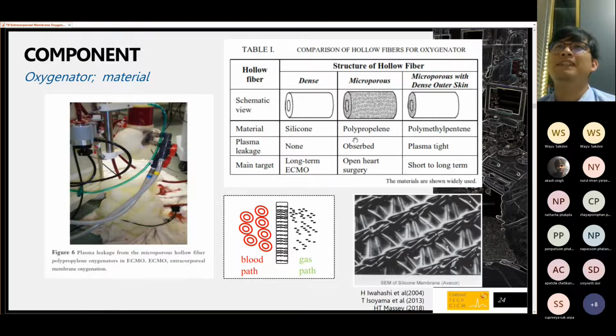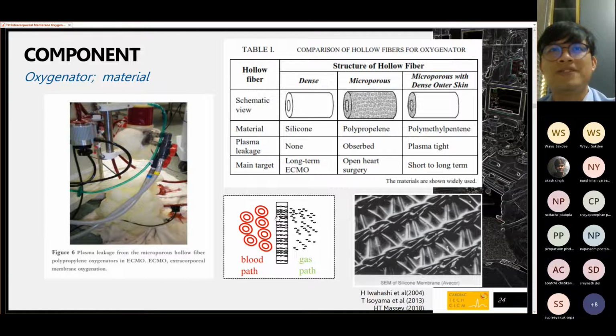For the CPB, we use microporous polypropylene. Polypropylene needs to be used only for the short term, because if we use it in the long term, imagine that there are changing conditions, and we also use hypothermia and rewarming. After rewarming, the structure of the material is going to change.